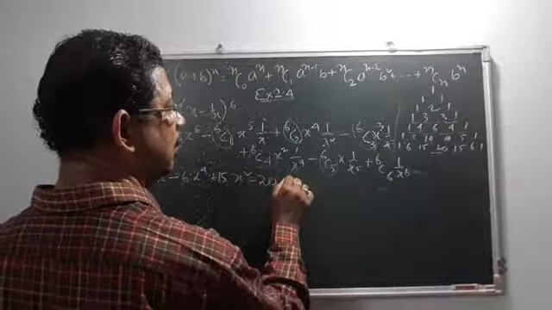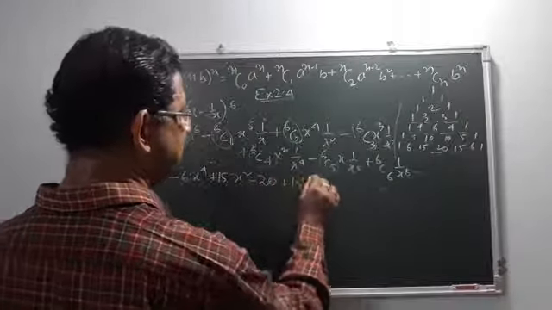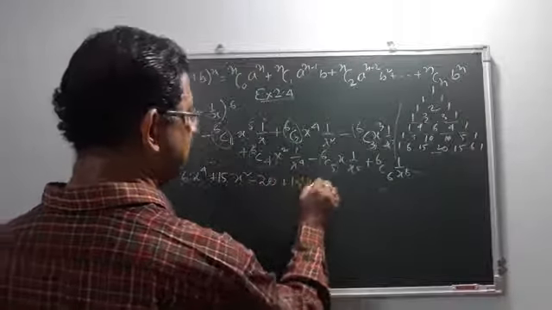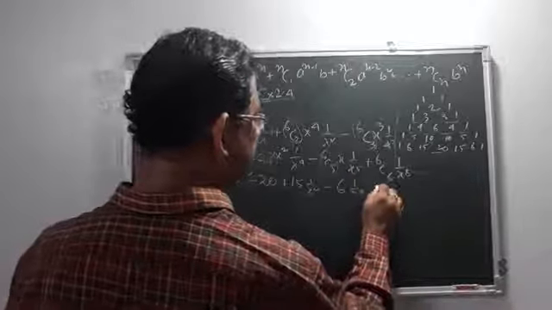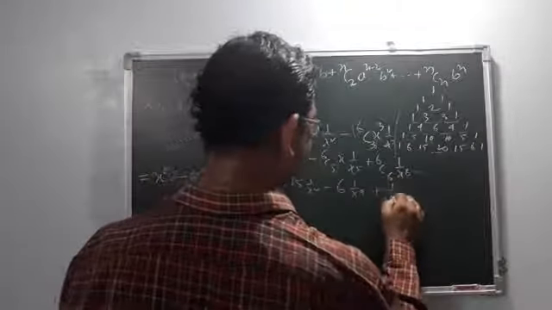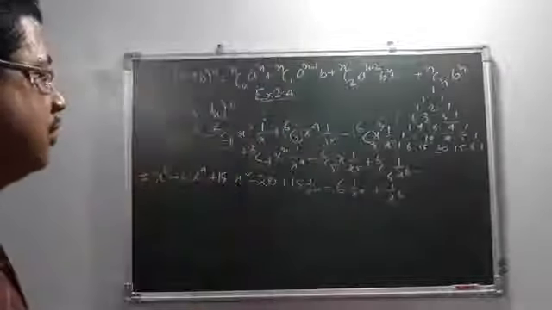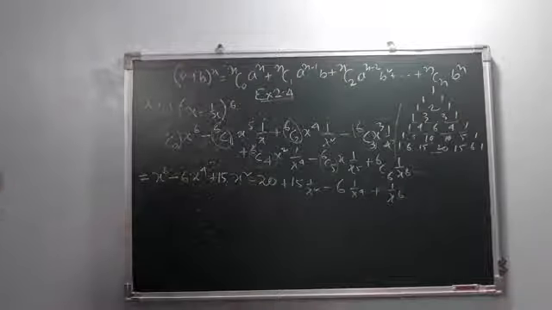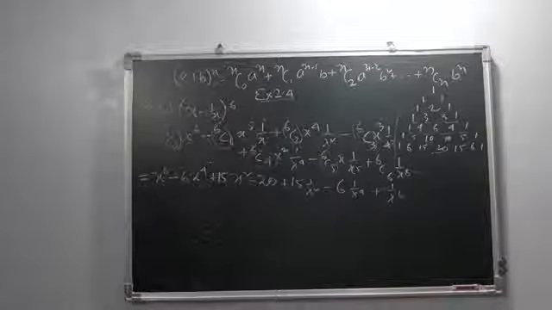This is the term where it is 15, and if we cancel it is 1 by x square. This is 6 into 1 by x to the power 4, and this is 1 by x to the power 6. So this is the answer of this question, the expansion. We can do it this way.